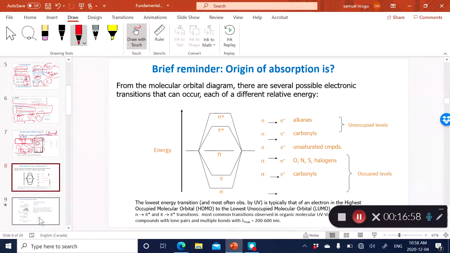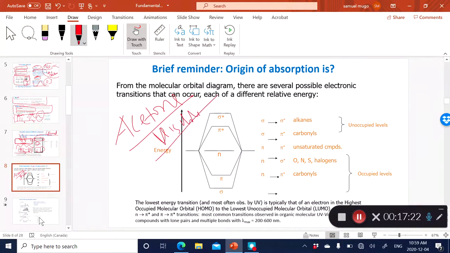So let me quickly remind you, at an electronic level, why do compounds absorb? What's happening? Why do some compounds absorb radiation and some do not? For example, if I've got a solution of acetone, why does acetone not absorb in the visible range? It's good to be reminded about molecular orbital theory, of absorptions that are energetically unfavored and absorptions that are energetically favored.